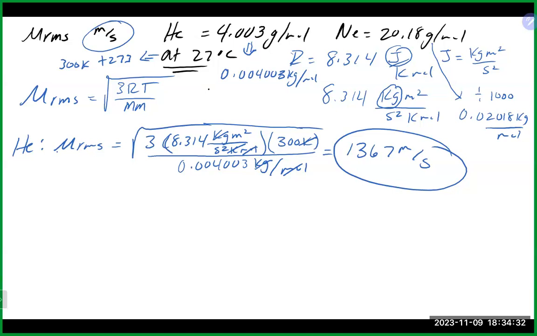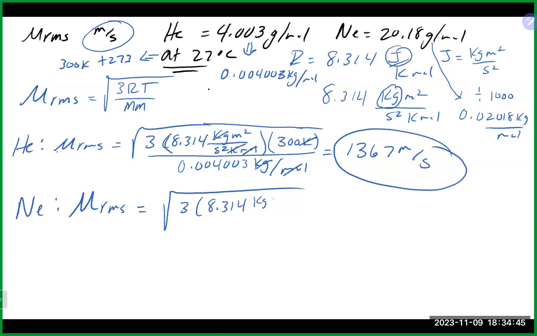I'm going to do pretty much the same calculation for our neon. That's going to give us the square root of 3 times 8.314 kilograms meter squared per second squared Kelvin mole, times our 300 Kelvin, and again using our kilograms per mole for our molar mass.